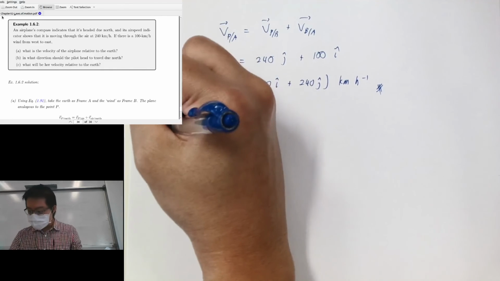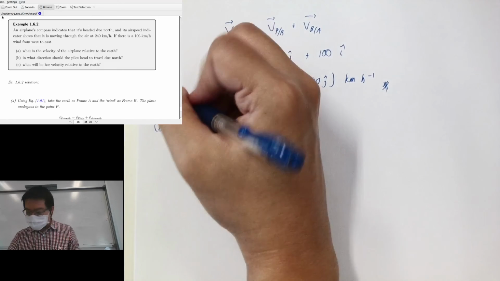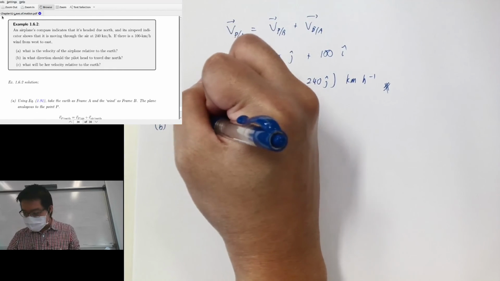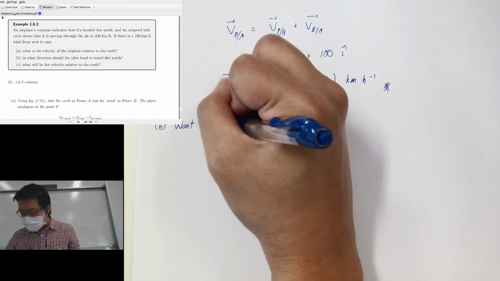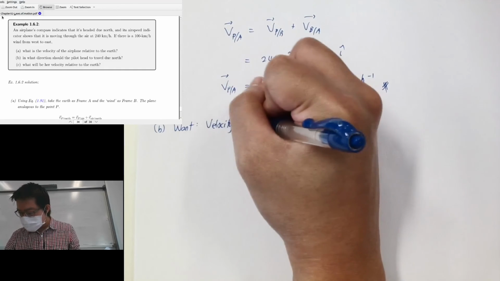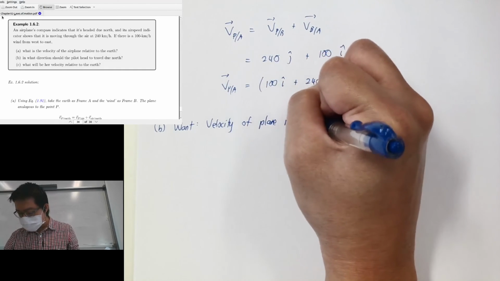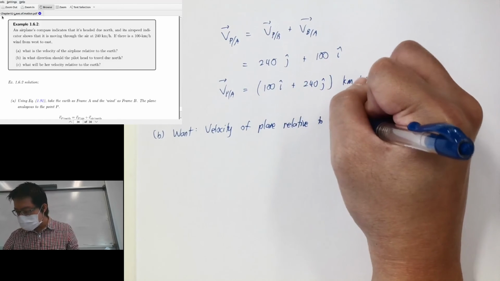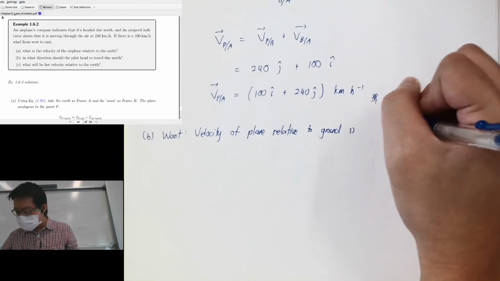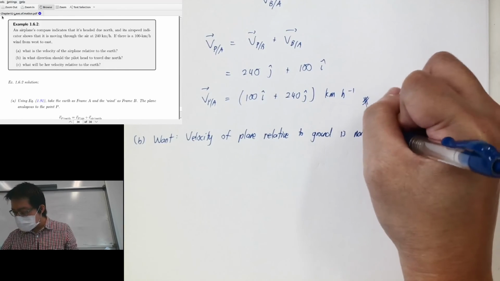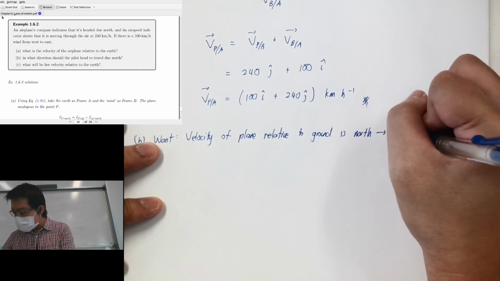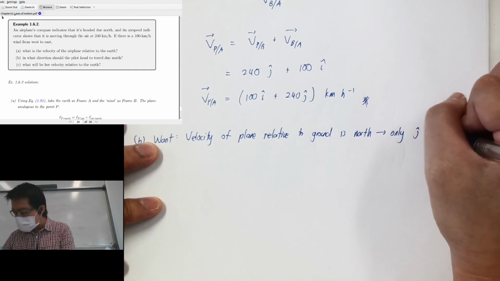Okay. So now, after what I said, let me write this down here. What we want is the velocity of plane relative to ground to be north, which means it only has the J component.